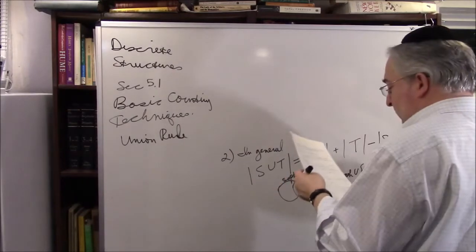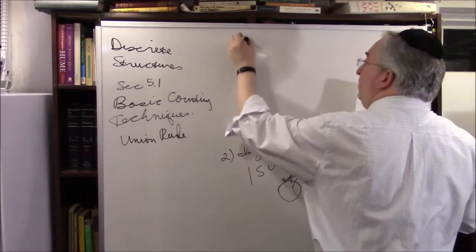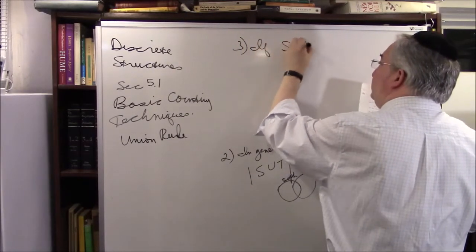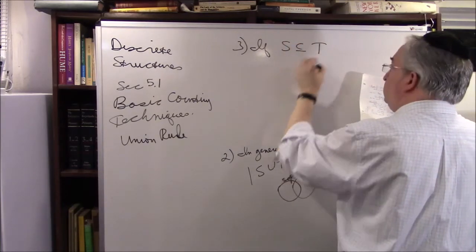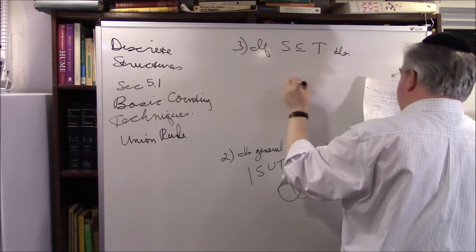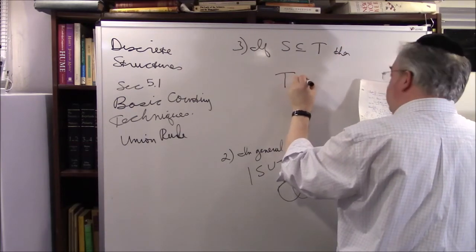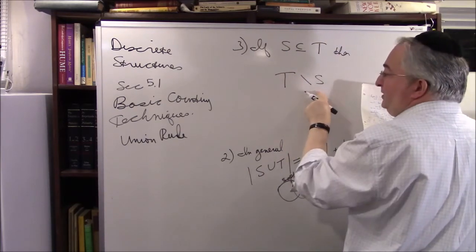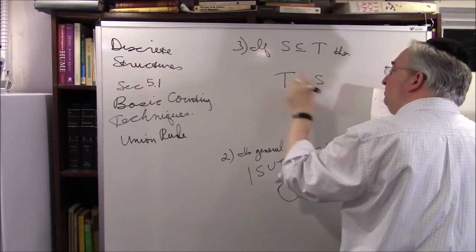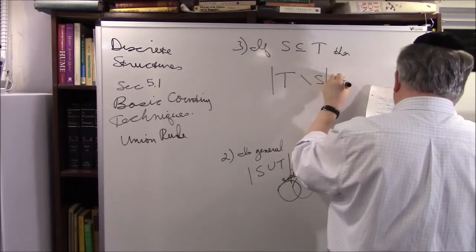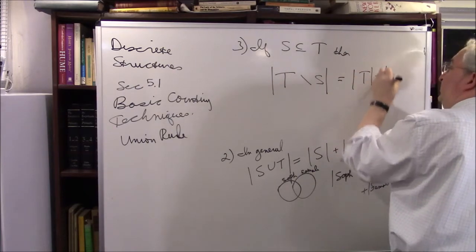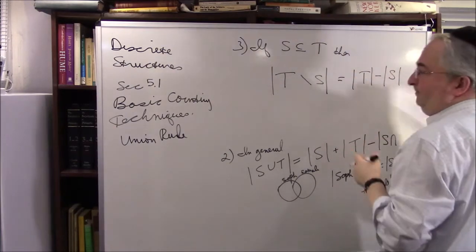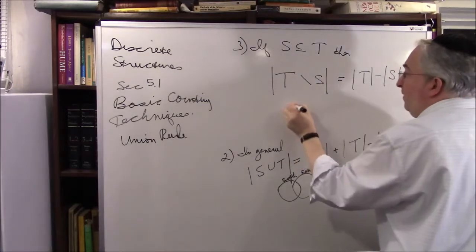Okay. The 3rd rule is similar. It's 3. If S is a subset of T, then T slash S, that's minus, that means take the elements in T minus the elements in S, is equal to the number of elements in T minus the number of elements in S. Okay, we need a picture.